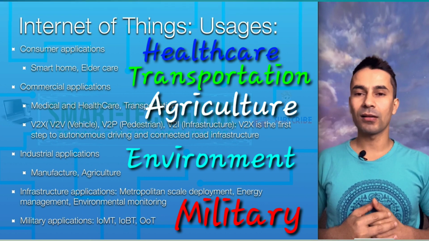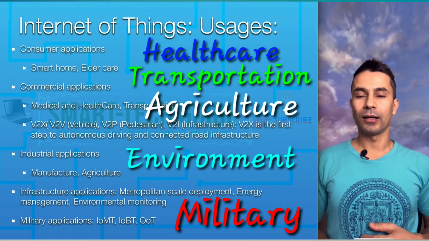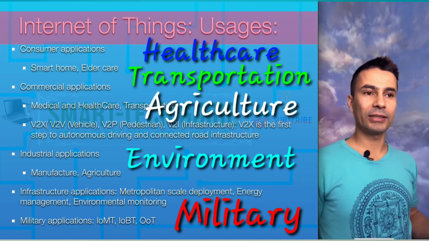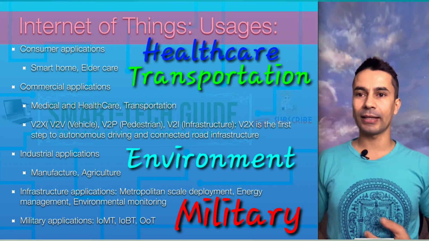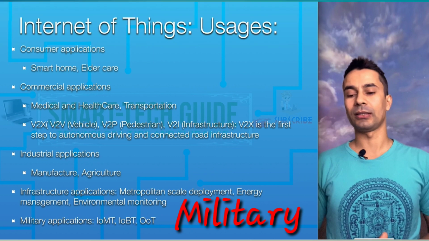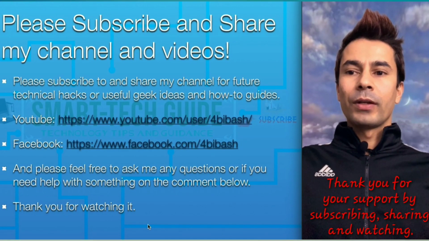There are tons of things that can be done with IoT in military, like internet of battlefields, oceans of things, under ocean military activities and everything that can be monitored and or interacted with IoT. That's about it.